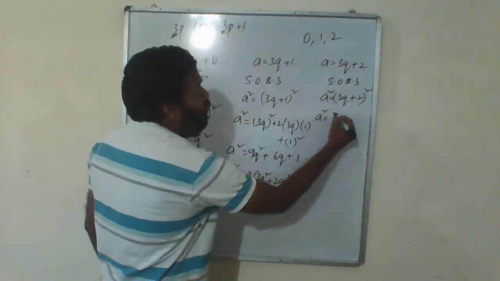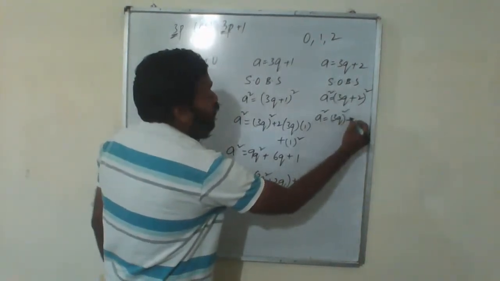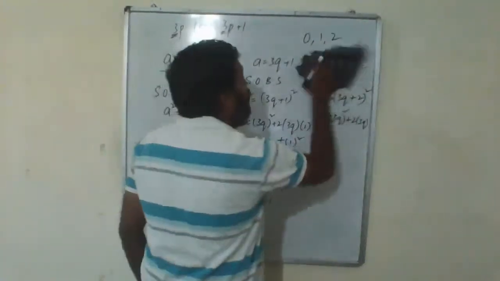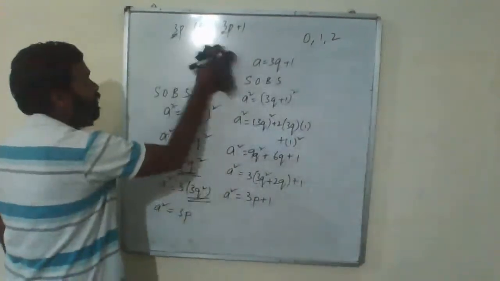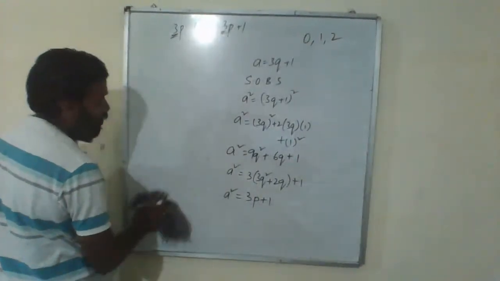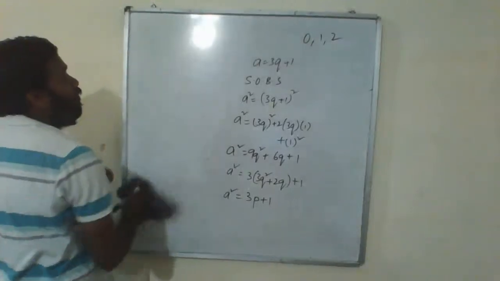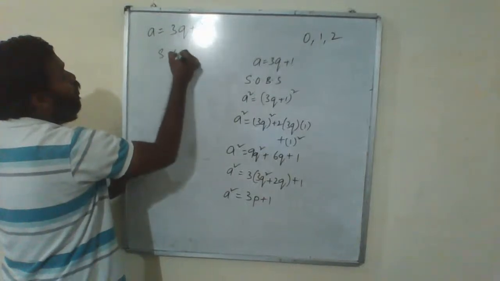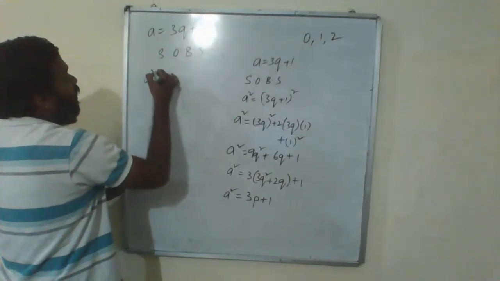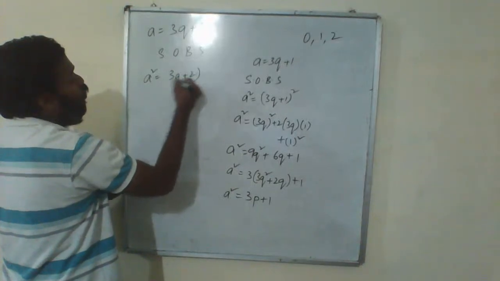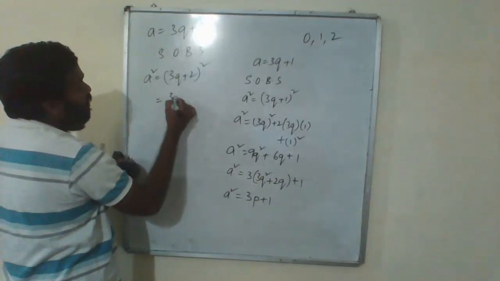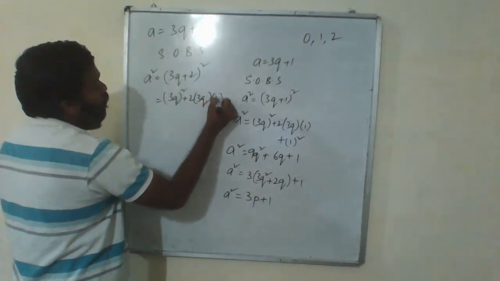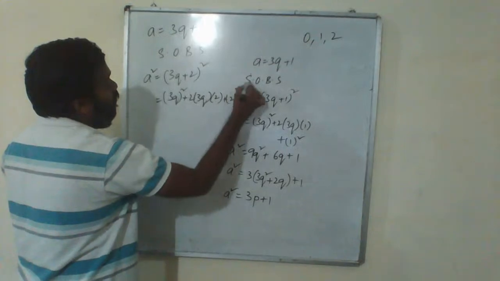I will write it again so that it will be easy for you to understand. a equals 3q plus 2, squaring on both sides: a square is 3q whole square plus 2ab, that is 2 into 3q into 2, plus b square, which is 2 square.